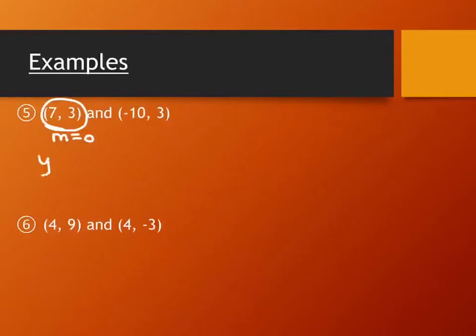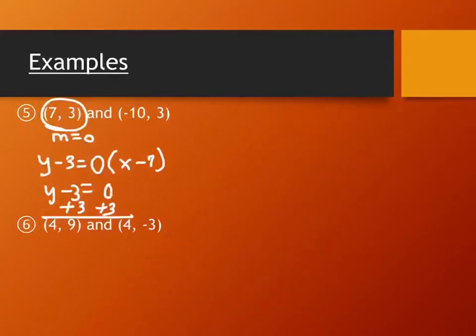So we're going to do y minus the first value for y, that I circled, which was 3, equals m, slope, 0, times x minus the first x value, which is 7. Now, of course, on the right-hand side, there's nothing because it's 0 times something. And I have y minus 3 on the left. And if I add 3, right, then I get y equals 3 as the equation of my line.